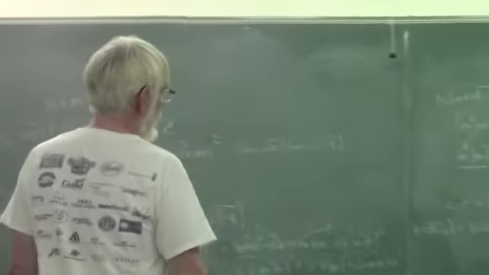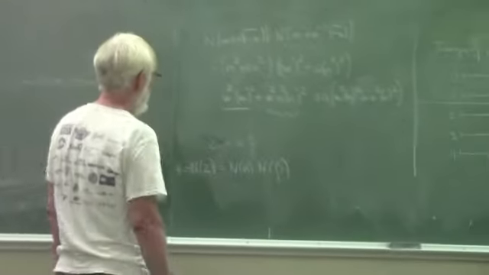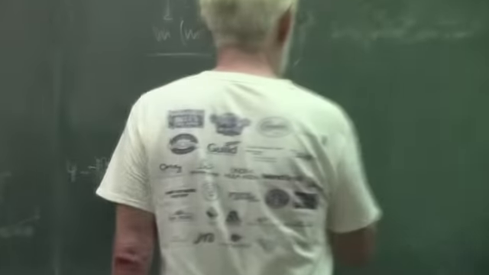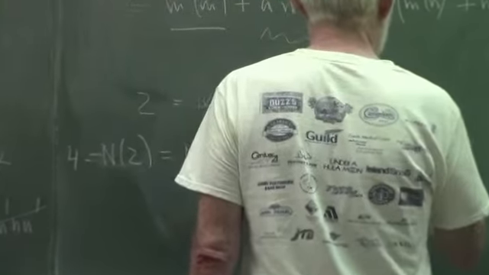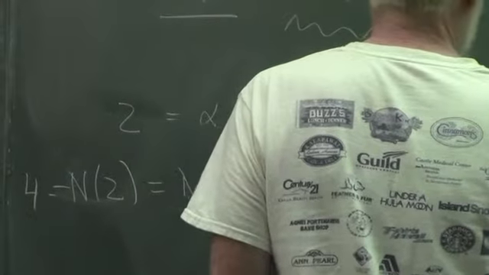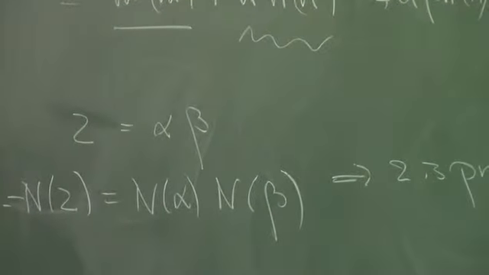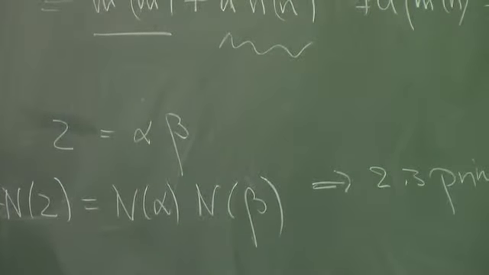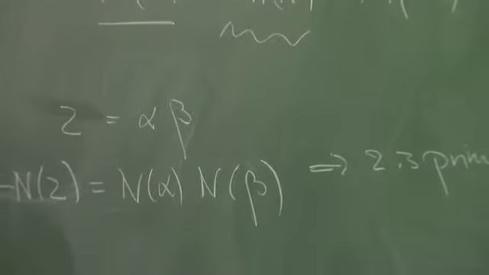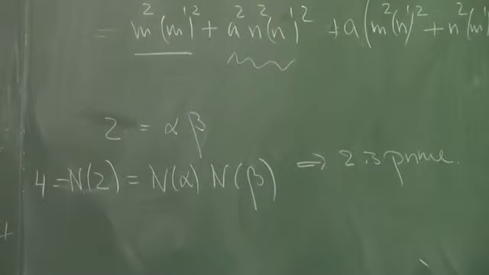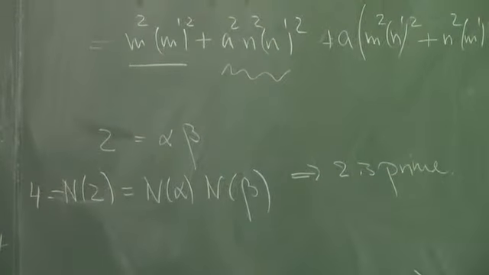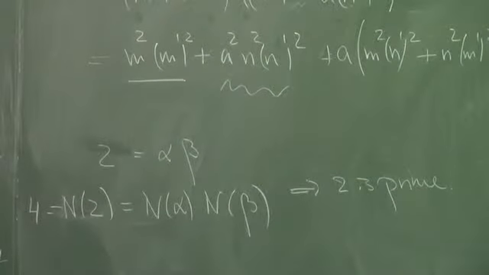So 2 is prime. And we had some number that we wrote as the other 6 or so. I think it was 4.